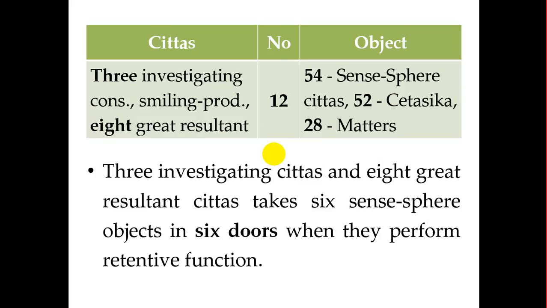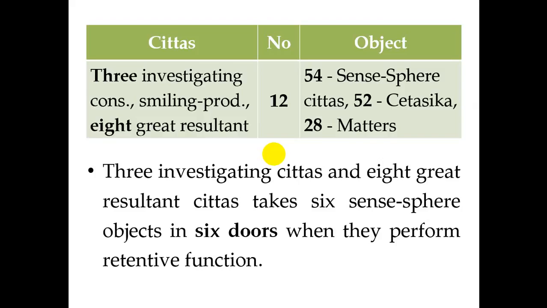When you see the object, the door opens, the 5-door adverting consciousness, right? Then after that you will see eye consciousness, 2 types of eye consciousness. Then you will receive it, receiving consciousness. After receiving, you have to investigate, right? So investigating consciousness.